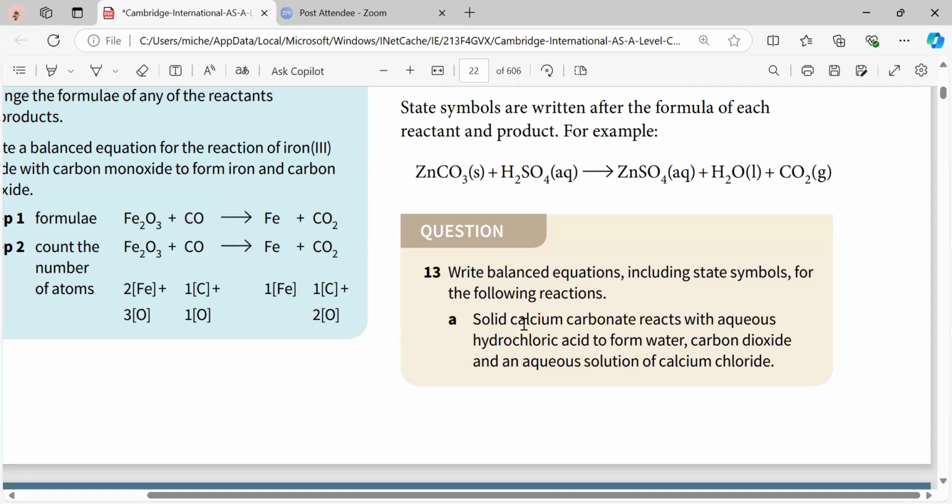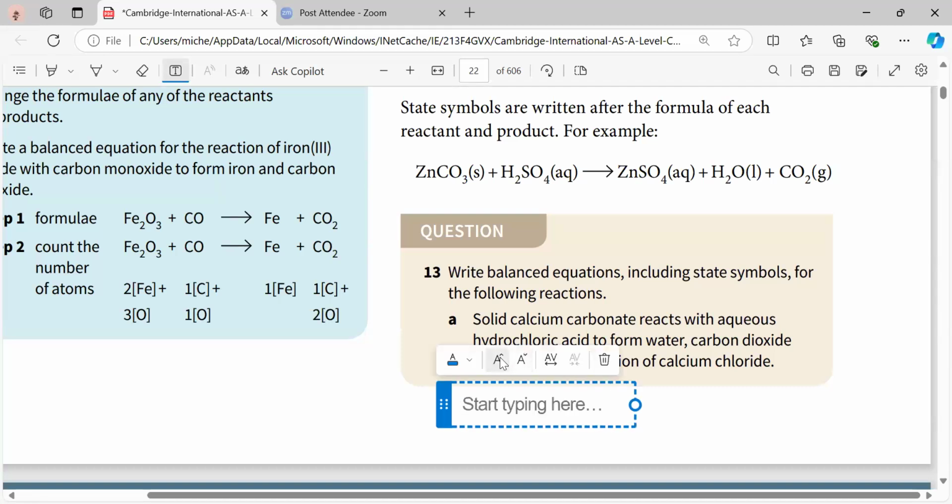Okay, so first of all, the question states solid calcium carbonate. We know that's in solid form, so we don't really have to think, it's already stated in the question. So calcium carbonate would be CaCO3. We're going to write that down, write this reaction, and then we can start balancing it.